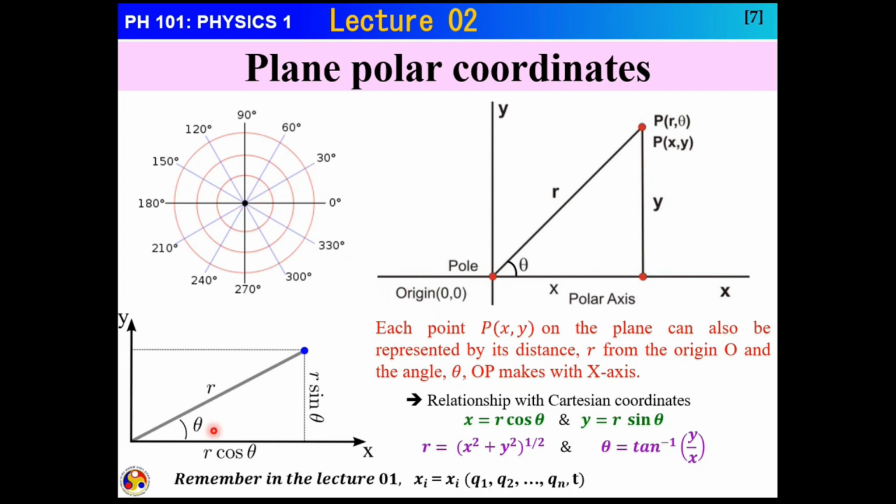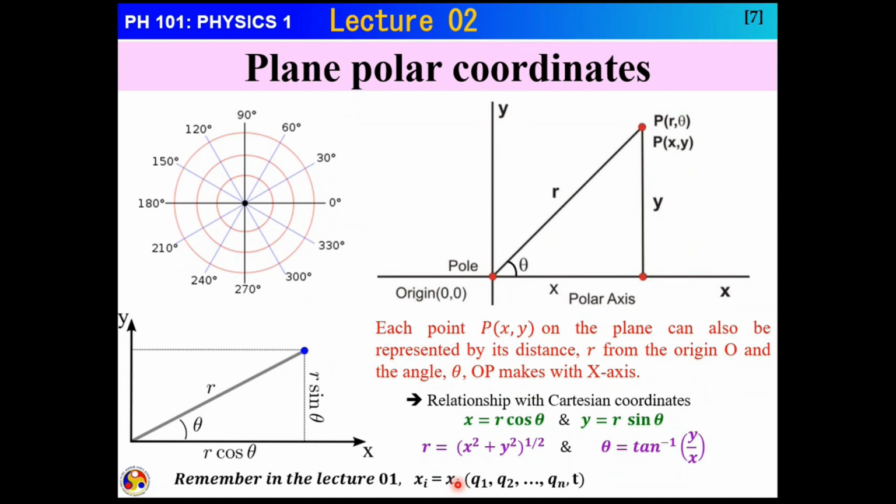By the way, you remember that in lecture 1, we said that we have a parameter corresponding to one particular coordinate system, which is a function of another coordinate system.